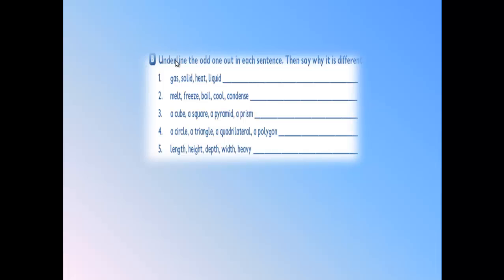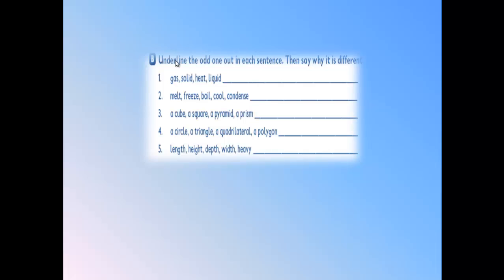Now practice number B in your workbook, and this practice is helpful and important. Underline the odd one out in each sentence, then say why it's different, I mean give the reason. Number 1, we have gas, solid, heat, and liquid.